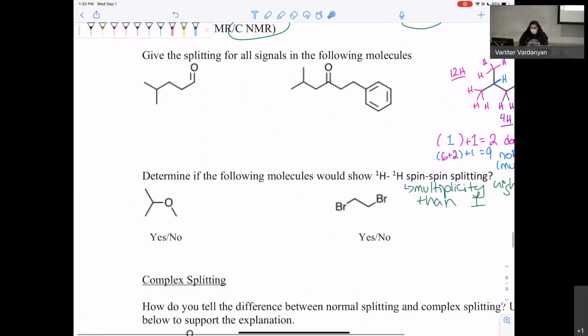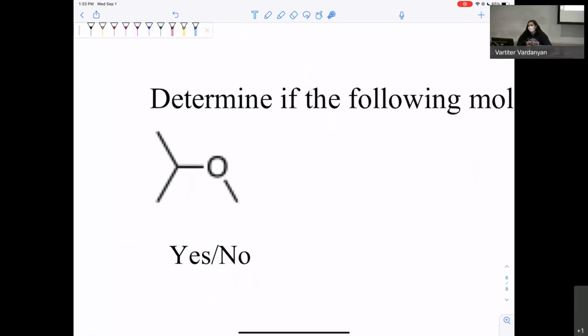So awesome. Let's do this one. Are there any signals besides a singlet? Oh, okay. One more thing we're going to have to talk about. Dr. West in class today said that we're going to split through a heteroatom. This was news to me. I asked him about it, and he basically said that the scientific community is now saying that theoretically, yes, we are going to split.